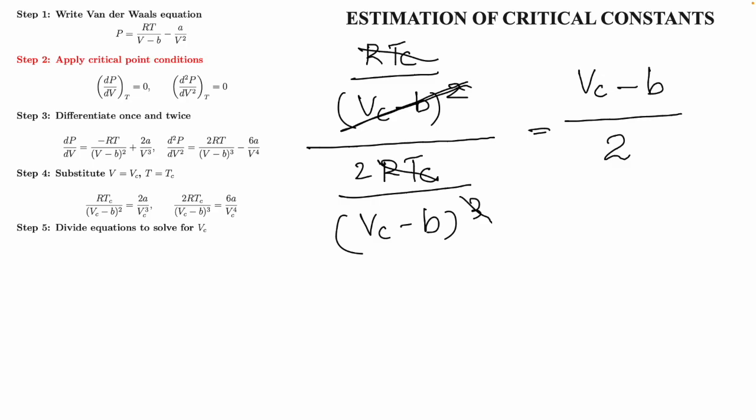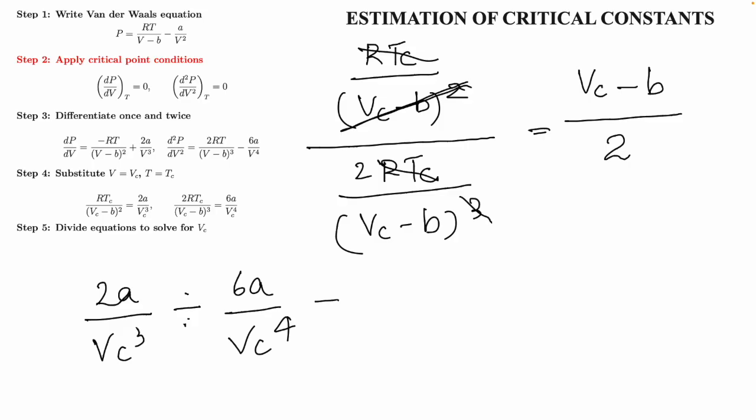On the other side, what we have is 2a by Vc cube divided by 6a by Vc raised to 4, right? So that is equal to, 2 will get cancelled, a will get cancelled, this is 3, Vc, this will get cancelled.